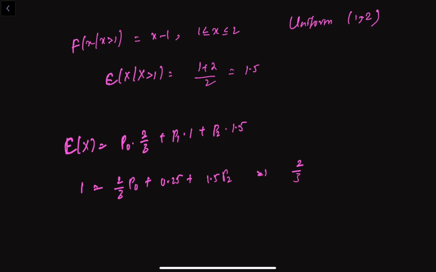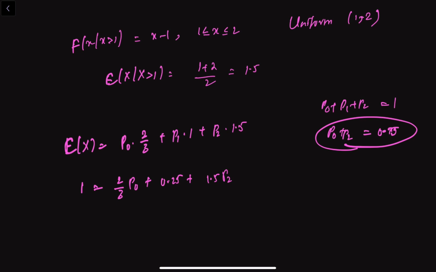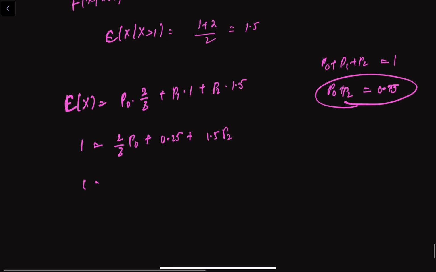We also have the other equation that P naught plus P1 plus P2 is 1. So P naught plus P2 is 0.75, because we know P1 is 0.25. If I substitute here, 1 equals 2 by 3 P naught plus 0.25 plus 1.5 into (0.75 minus P naught).